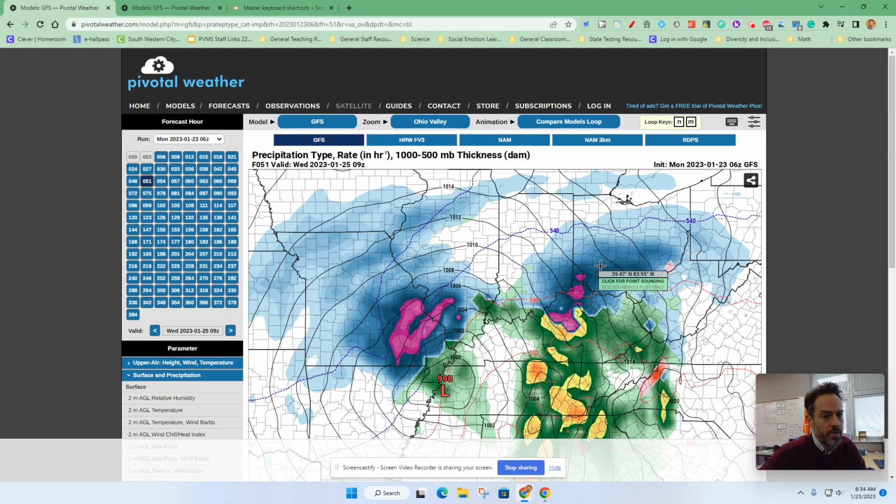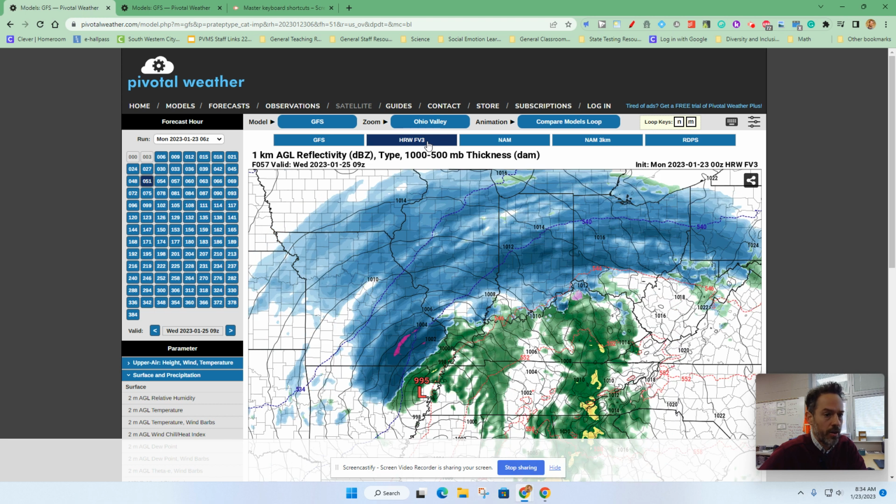So this was the model we were just looking at, GFS. Again, a pretty reliable global model. It's NOAA's, the American National Weather Service's in-house model, and it's looking pretty good here. The rain's staying well south, or so it appears, of the Ohio River. So all good so far, right?